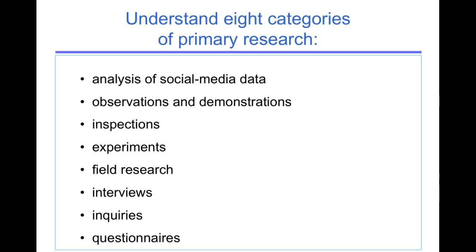You can email people, you can pick up the phone and call people, you can make appointments to meet with people face to face. Inquiries, again, can be in the form of email or a phone call. And questionnaires are a great way if you want to gather data from many people, perhaps your company or your coworkers. A well-written questionnaire can get you a lot of information really quickly.